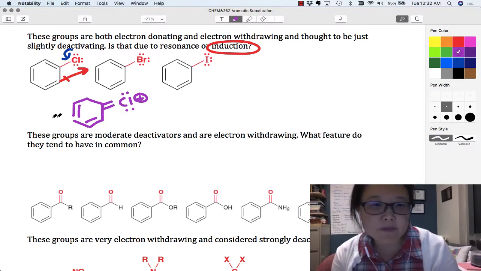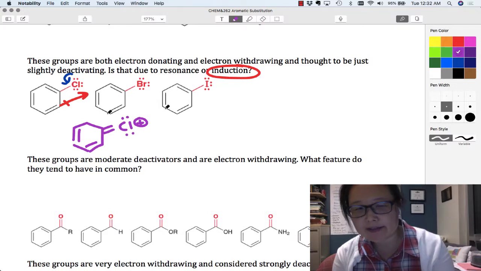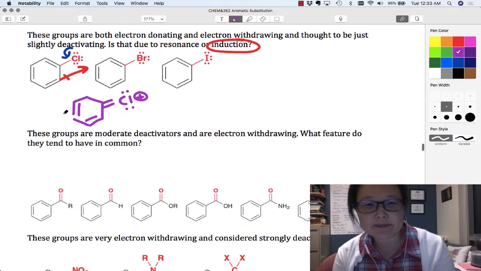And that's not as favorable for halogens, to have this positive charge on something electronegative like that. But because it can technically donate in by resonance, these are just mildly deactivating. So they're just barely deactivating.